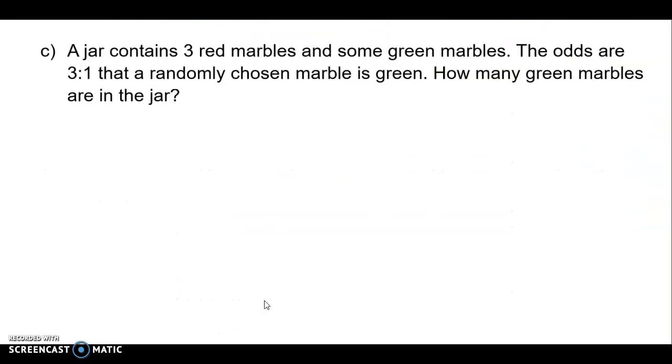Example C. A jar contains 3 red marbles and some green ones. The odds are 3 to 1 that a randomly chosen marble is green. So this time we are given the odds in favor of being green.